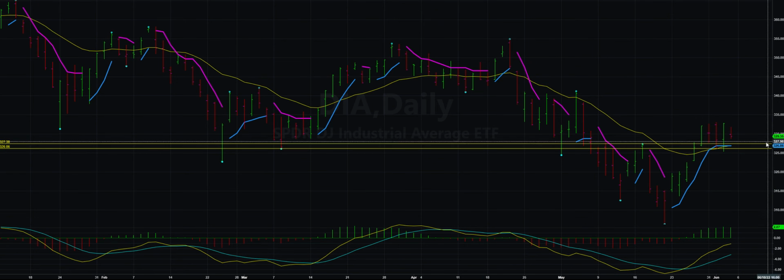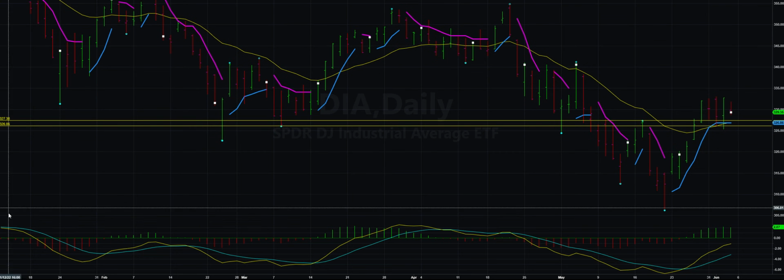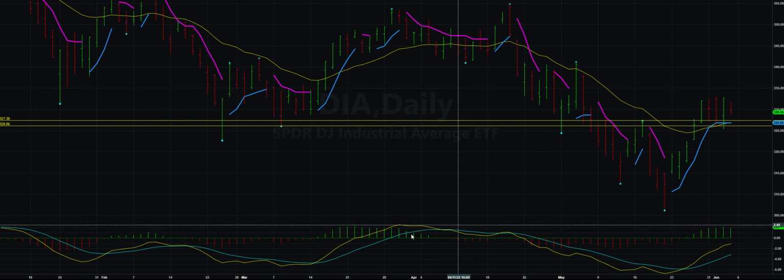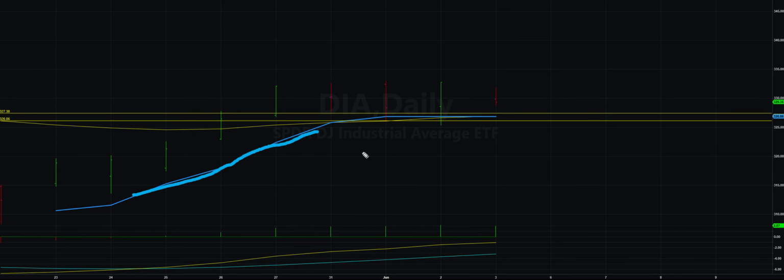All right. Here's the DIA. I apologize. Here's the Lowest chart for the DIA. Let's zoom in. Now I know I'm on the DIA, the ETF that tracks the Dow Jones, right? So here's Lowest. Sorry about that, y'all. Here's the Lowest blue line right here. It's pretty much the same thing.